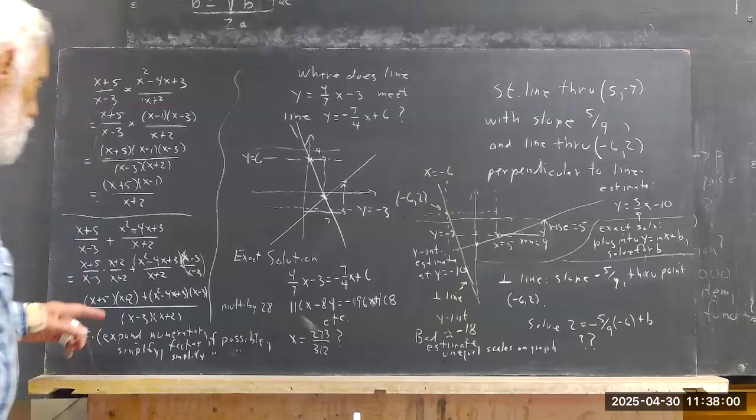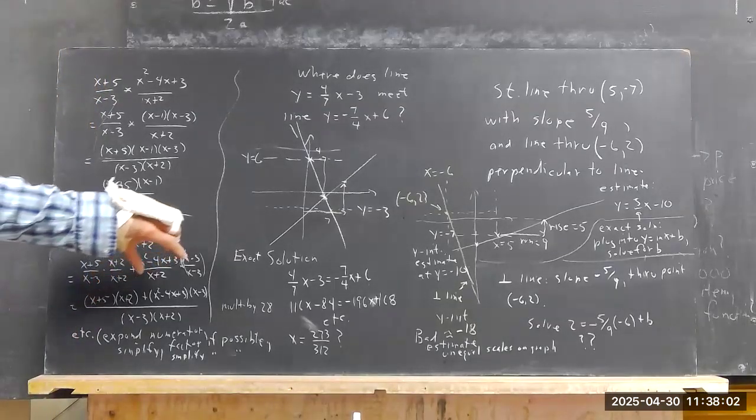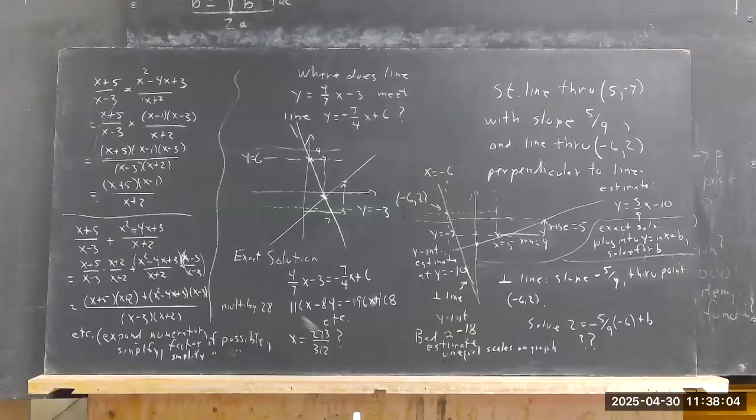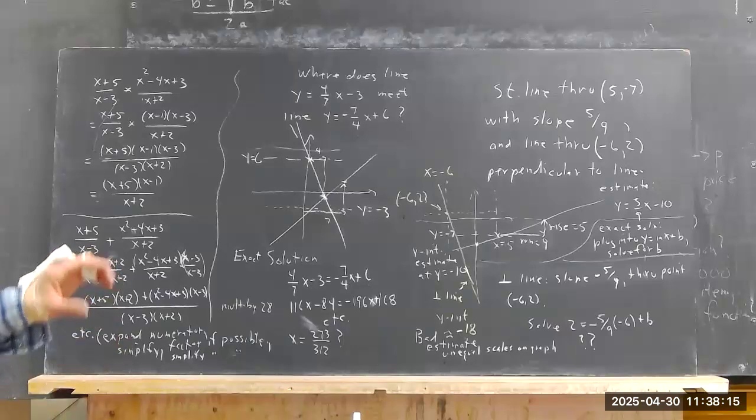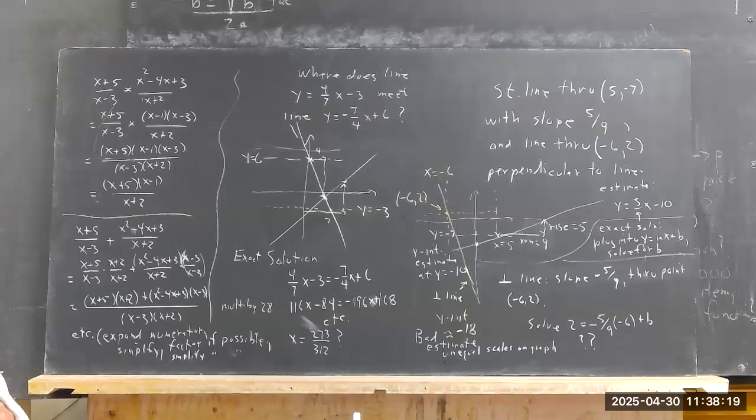Simplify if possible. If you multiply all this out using the distributive law, then you get something you might be able to factor. And one of the factors might be x minus three or x plus two, in which case that factor would divide out. So there you have it.